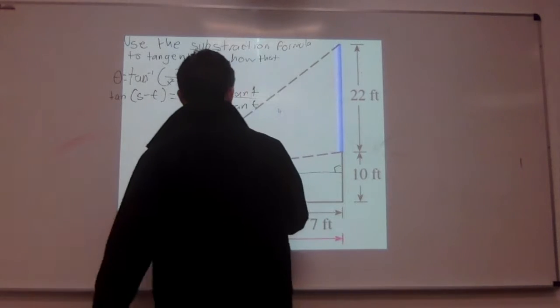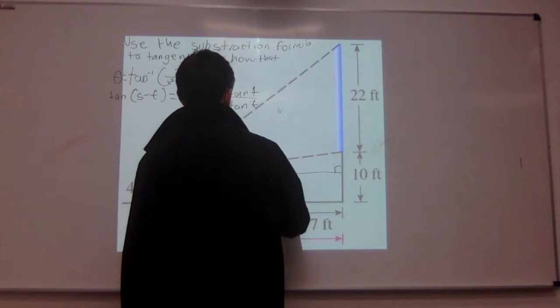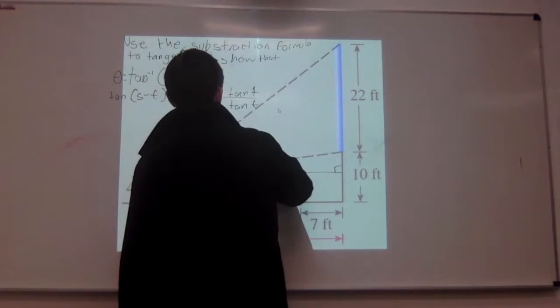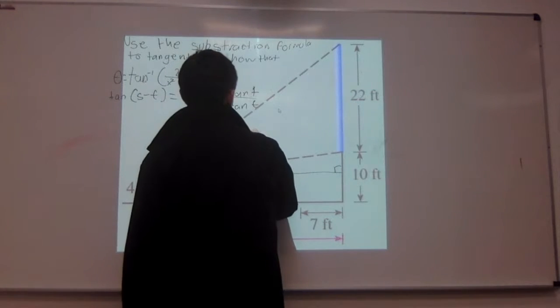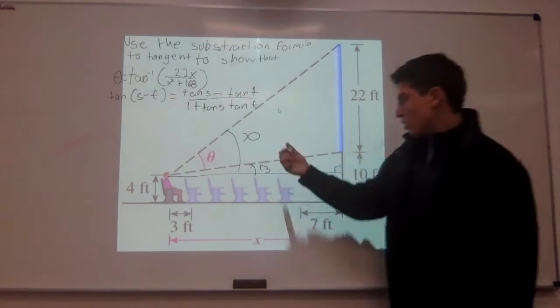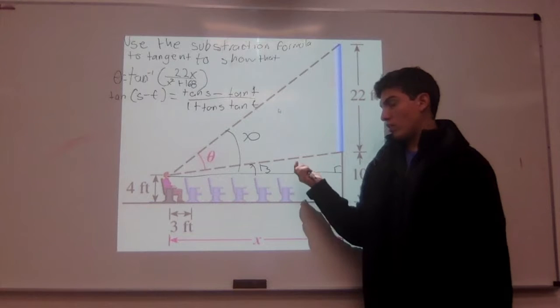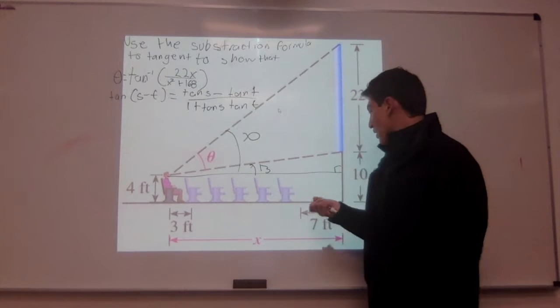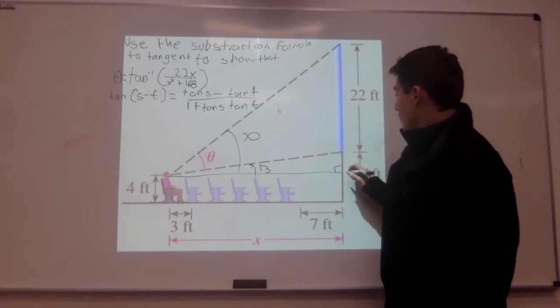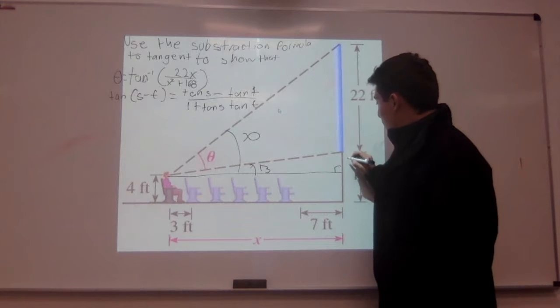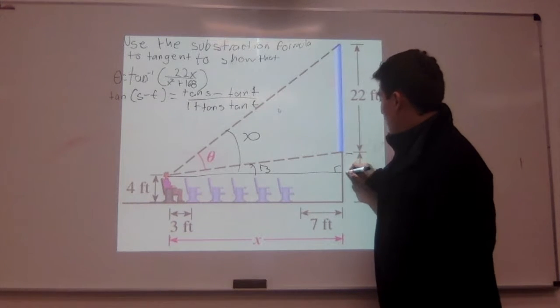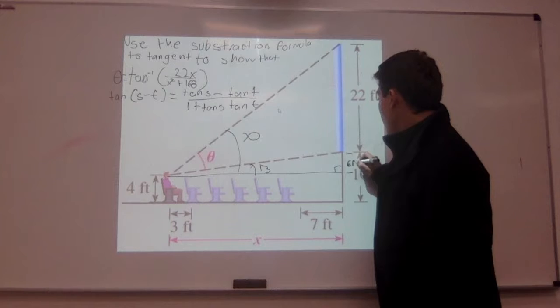The total angle is alpha, and the second triangle is beta. This angle is 90 degrees. This measure is 60 feet.